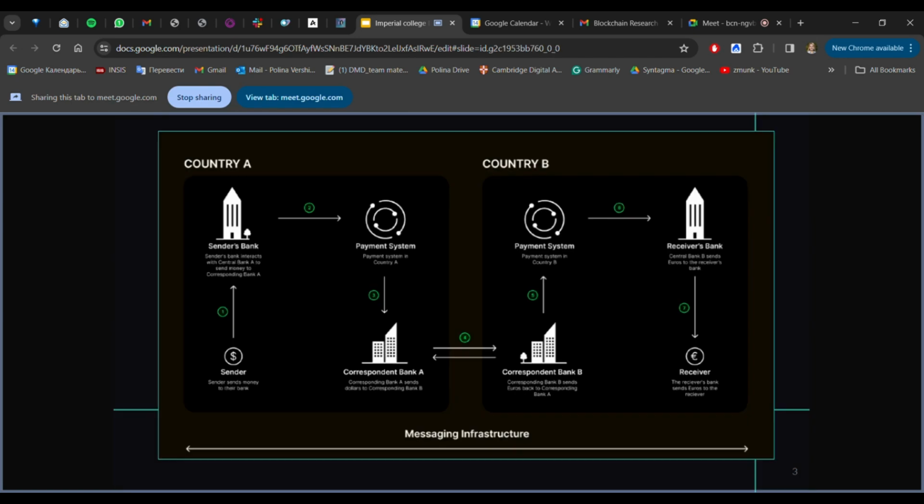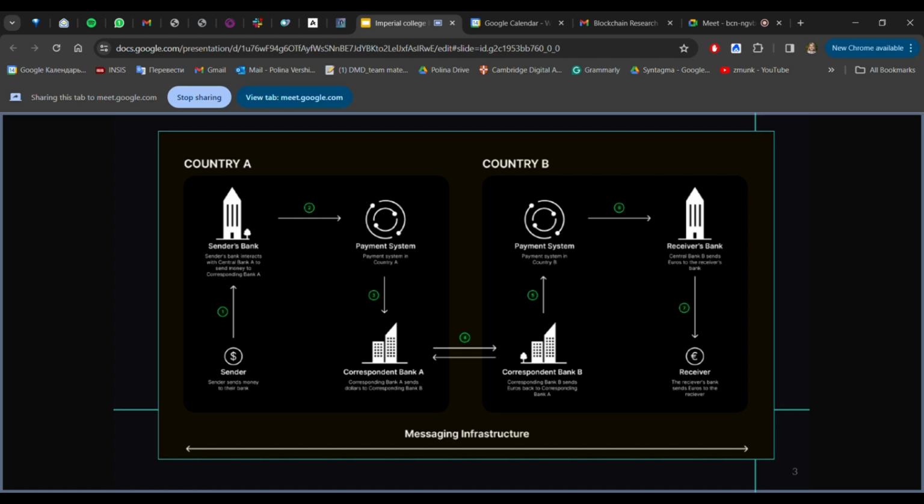So not to go too technical, but generally how do traditional cross-border transactions work? By that I mean usually through the bank. For example, you have a bank app, or you go directly to your bank and you send money to a different account in a different currency in a different country.